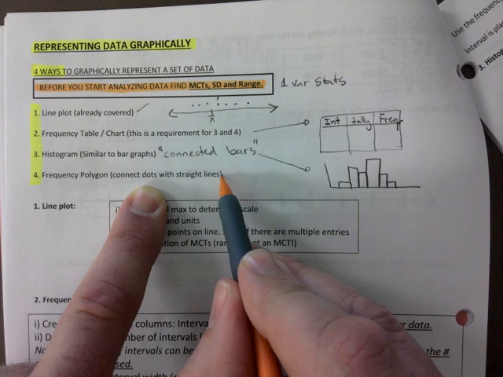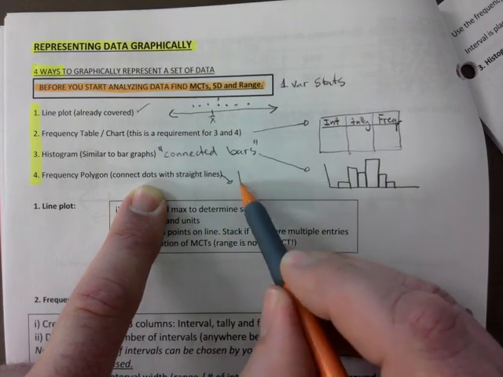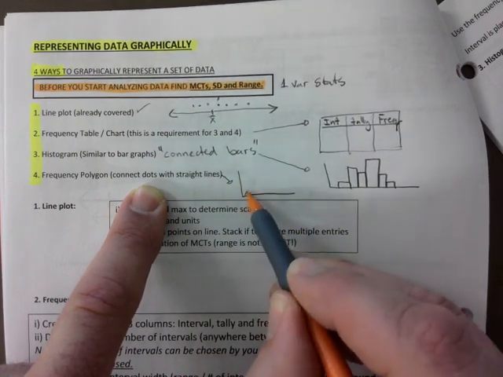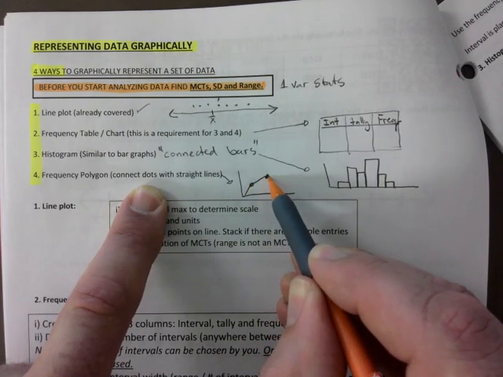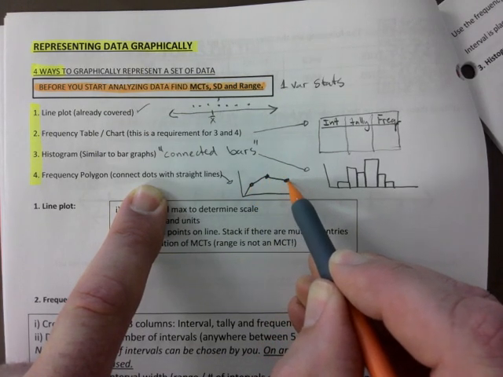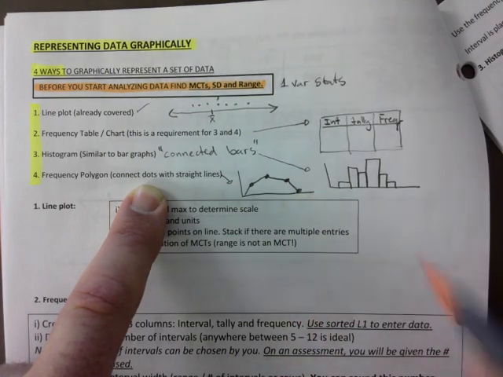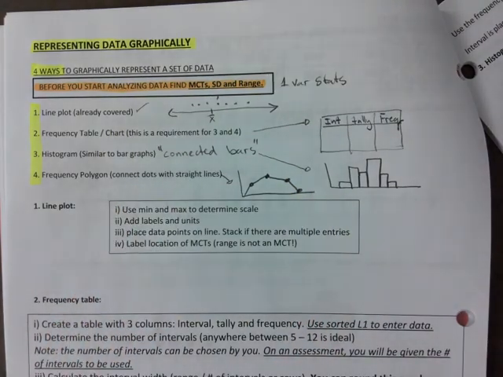And frequency polygon is when you make a dot, you connect it to the next one, you connect it to the next one, and then you bring it back down. That's what a frequency polygon is. So there are your 4 ways of graphically representing data.